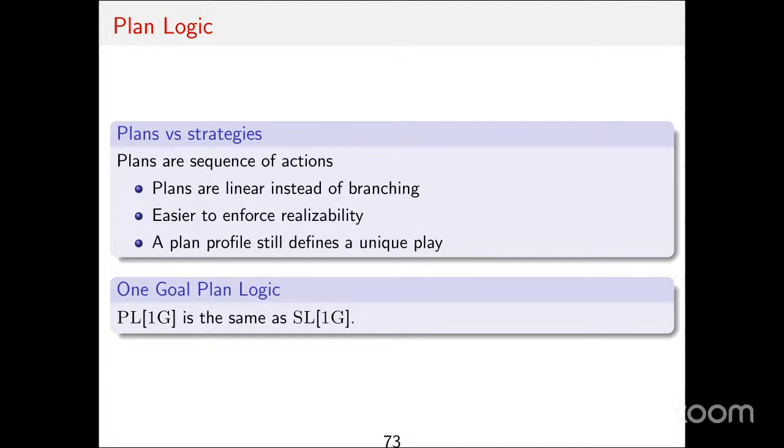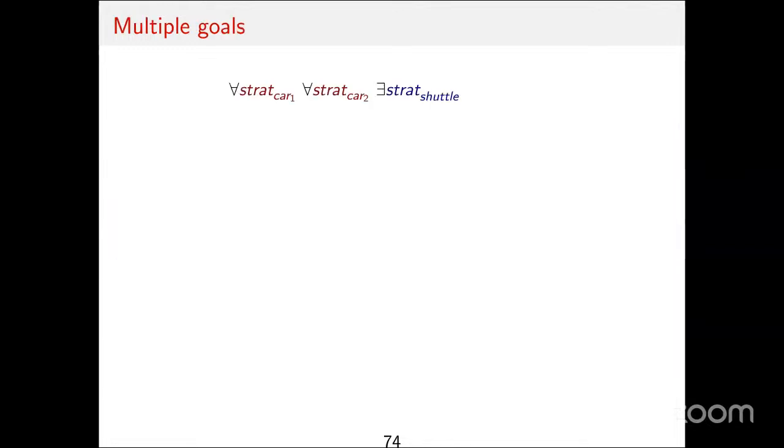And when we have only one goal, quantifying over a tree or quantifying over just a sequence and enforcing realizability is the same. We really have a one-to-one correspondence between the two fragments of one goal on plan logic and on strategy logic. But what happens when we have multiple goals?